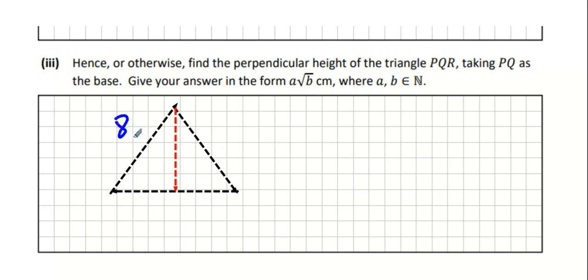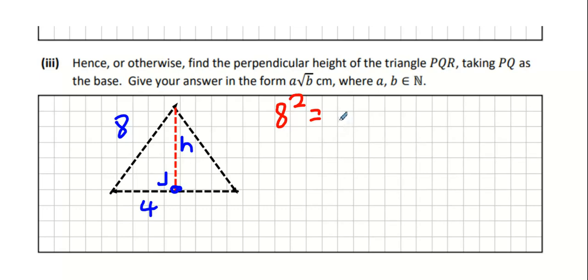That's 8. And because it's an equilateral triangle, when you draw it straight down, it will cut the bottom part in half. Does that make sense? Okay. And then we can just call this h. What can we say then? h squared equals... Pythagoras' theorem, lads.